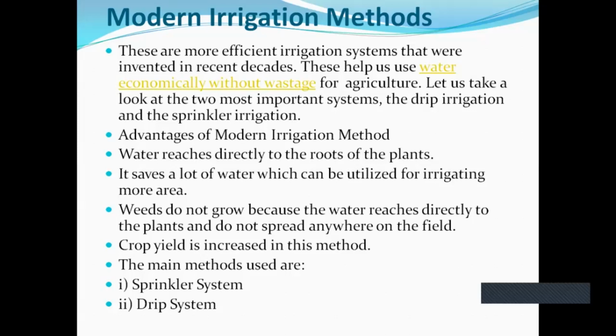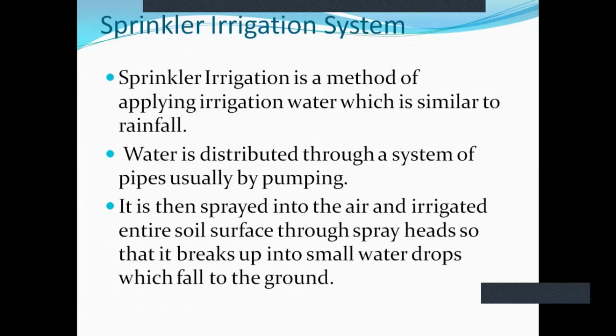Now let's see the two main methods of modern irrigation. First is the sprinkler and the second is drip irrigation. Now, the first, sprinkler. The name itself suggests what will be there in the sprinkler irrigation system. The water is sprinkled in the form of rainfall.